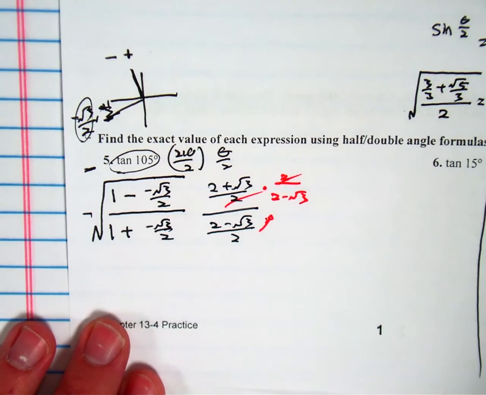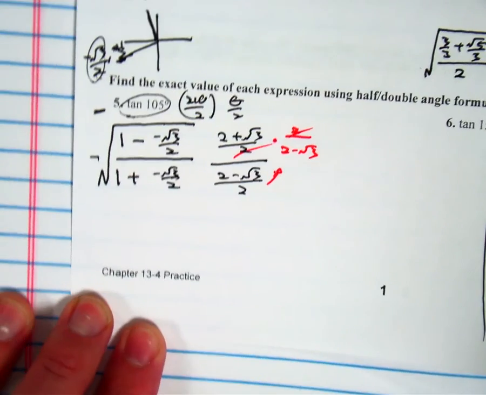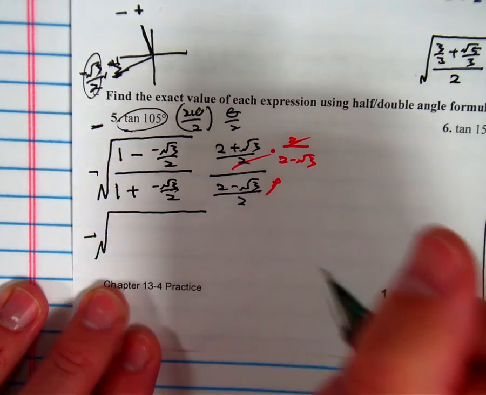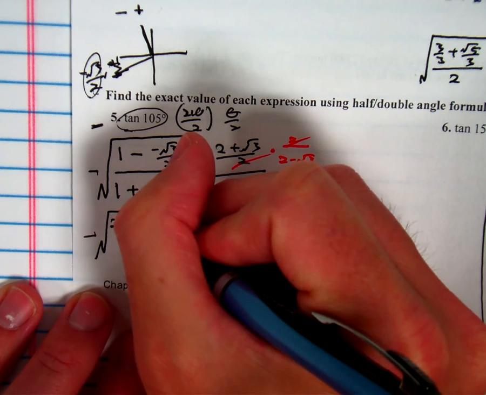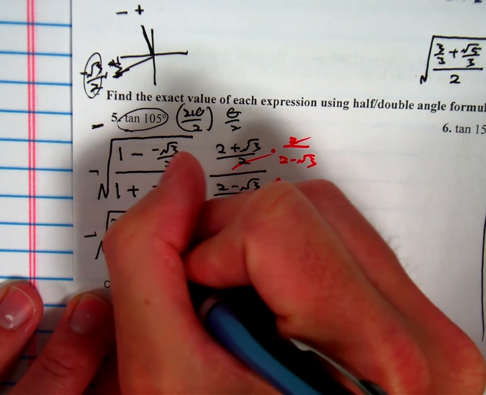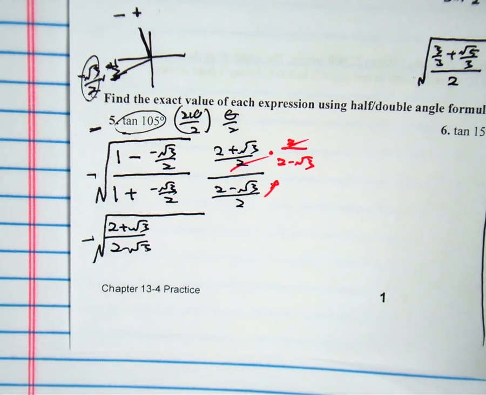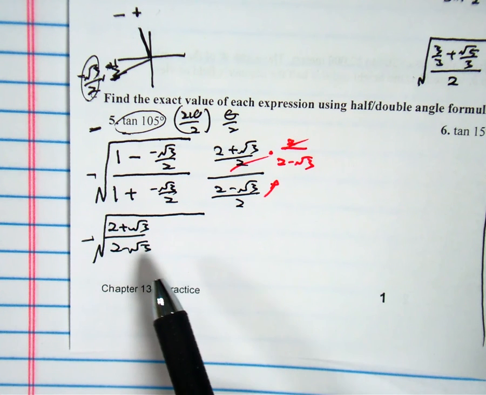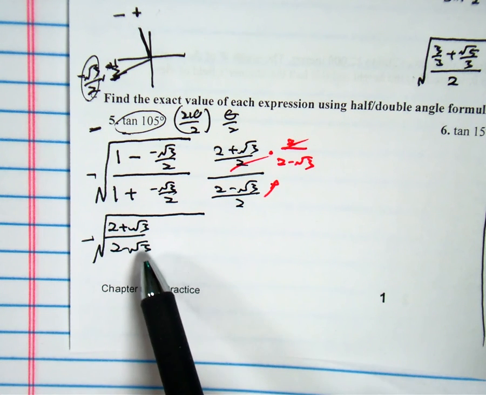Now we're back to normal here. Negative on the outside, big square root. We got 2 plus radical 3 over 2 minus radical 3. Now, before I split these up, you could probably look to split them up now, but I want a normal number on the bottom.